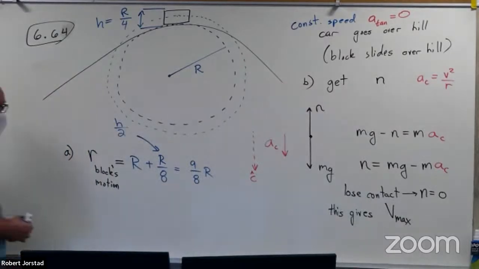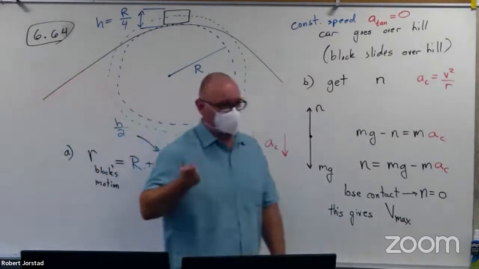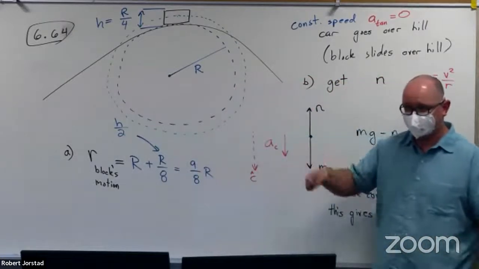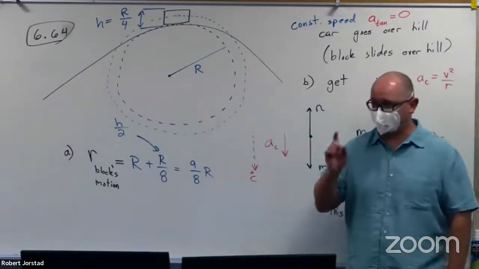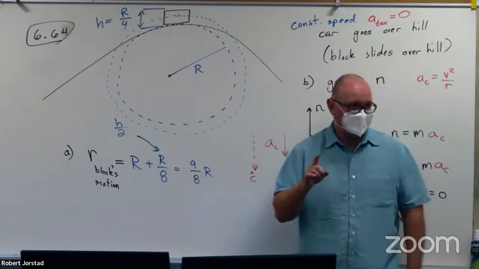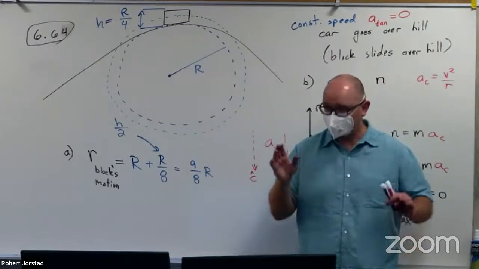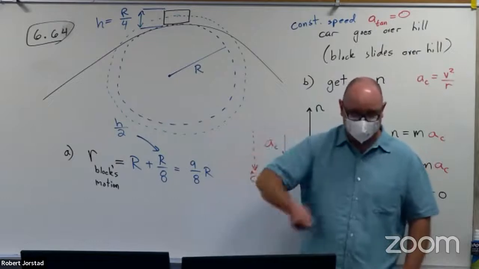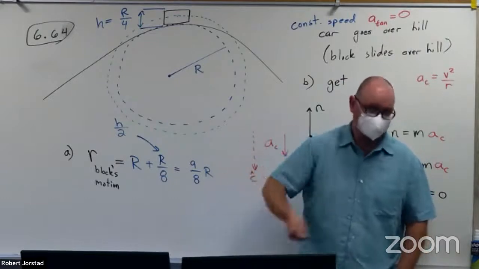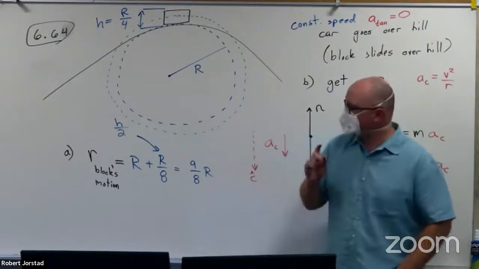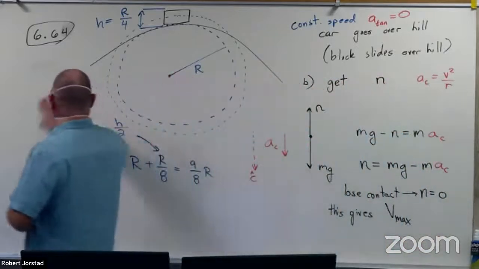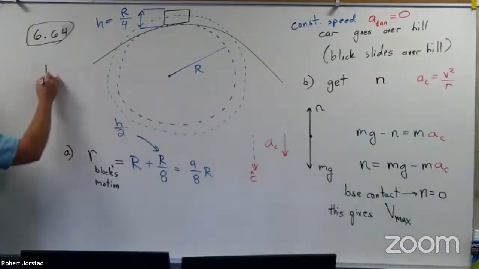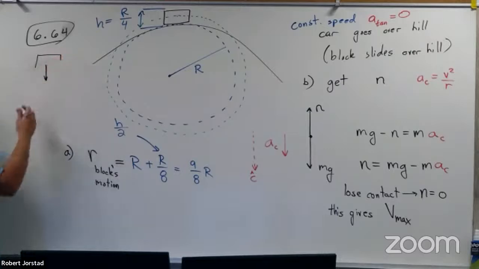Okay, this is a lot like the cup of water on a tray, right? But there's a subtle difference. With the cup of water on the tray, did we have to worry about minimum speed or maximum speed? The water would come out if you went too slow. The reason that one was different, if you remember, is that the normal force was down because the cup was up here on the outside of the water.